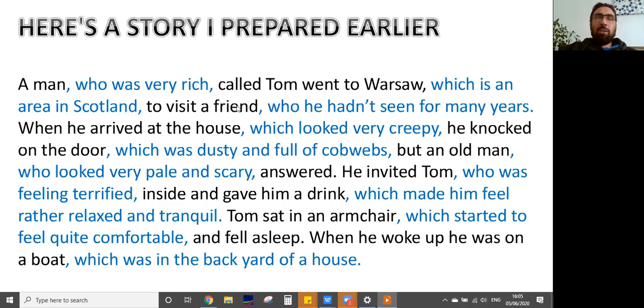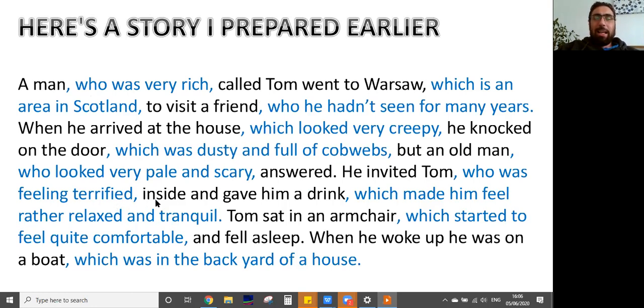Comma, he knocked on the door, comma, which was dusty and full of cobwebs. So we have spiders and a lot of cobwebs. But an old man, comma, who looked very pale and scary, answered. He invited Tom, comma, who was feeling terrified. Who wouldn't feel terrified, yeah? We've got to a very creepy house, very dusty, full of cobwebs, like something out of a horror movie.